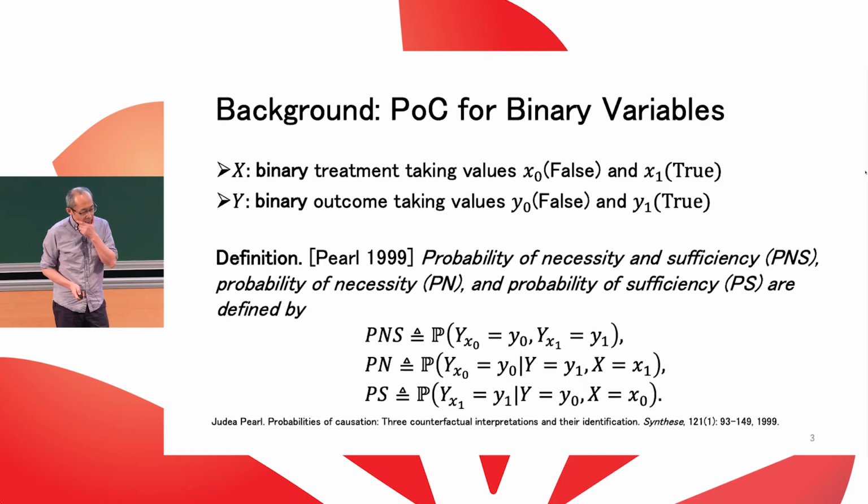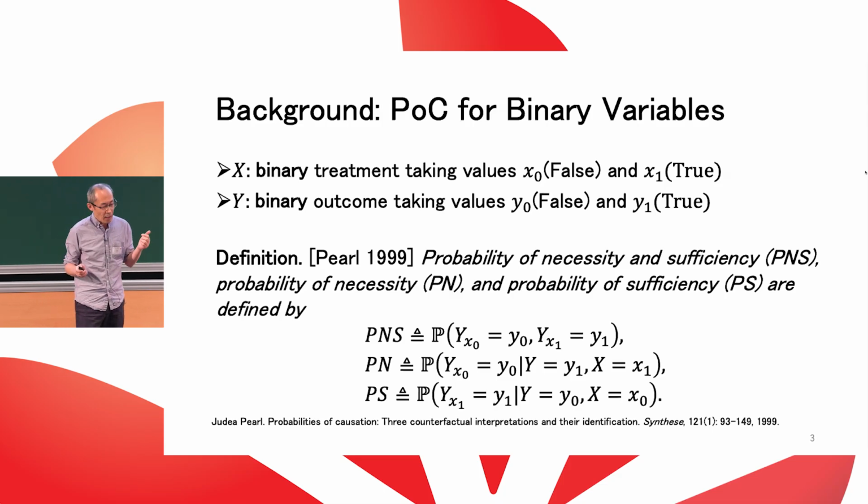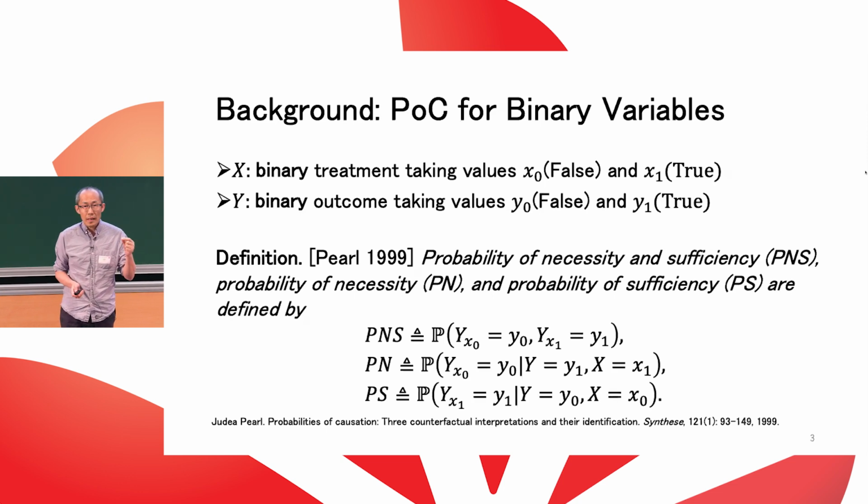First, some background. Initially, POC are defined for binary variables. Assume we have a binary treatment variable x, taking two values, x0 and x1. Let's say x0 is false, x1 is true, so whether this event is present or not present.